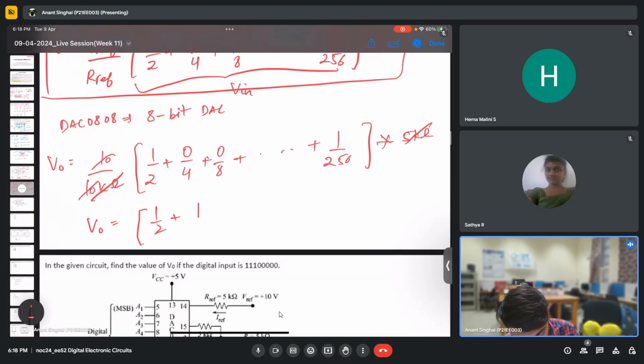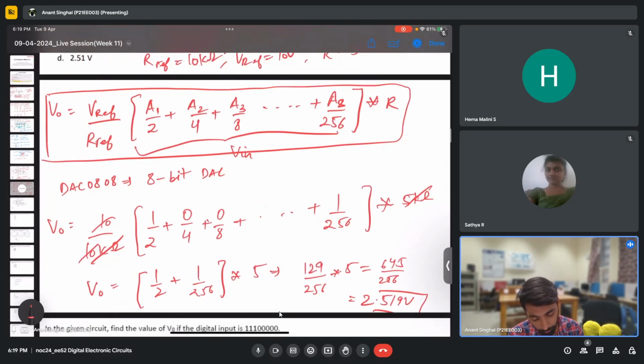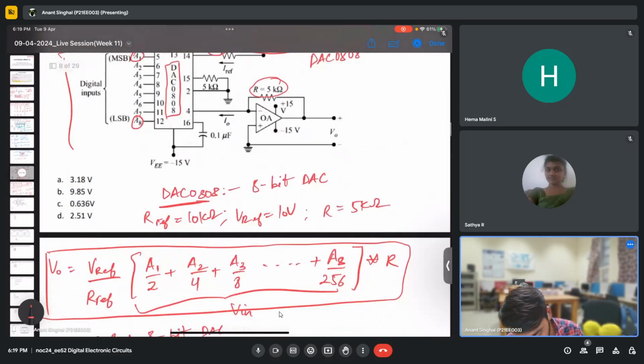V naught will be 1 by 2 plus 1 by 256, times 5, which is 129 times 5 over 256. Solving this, we get 2.519, which is option D.